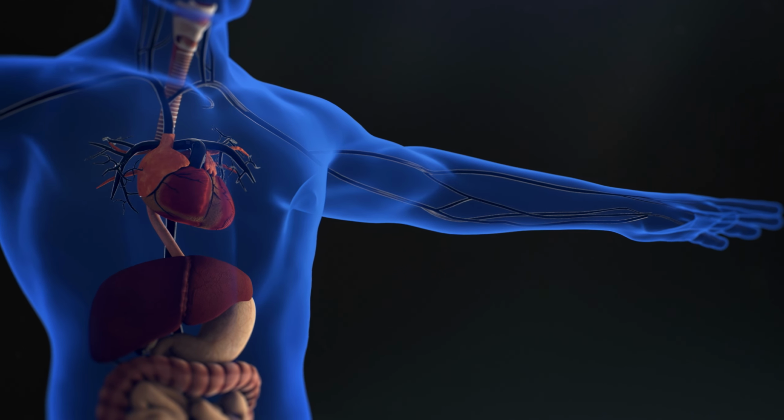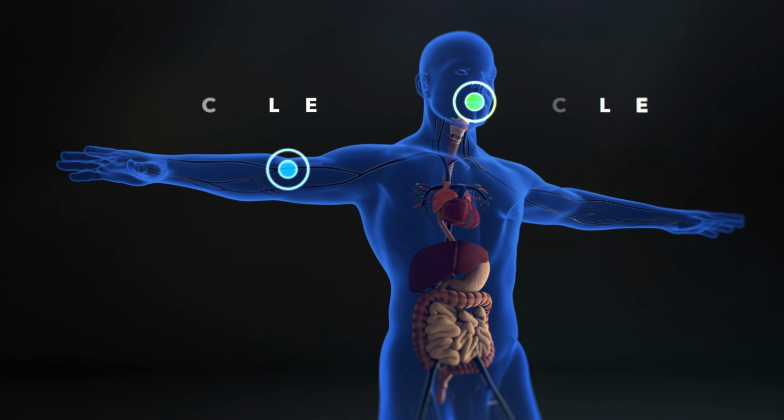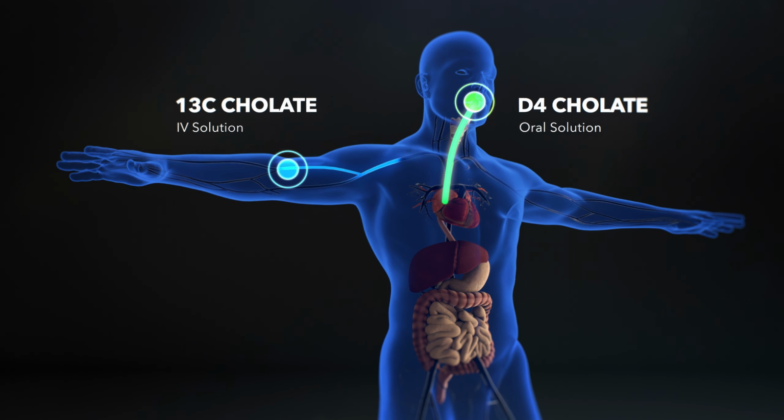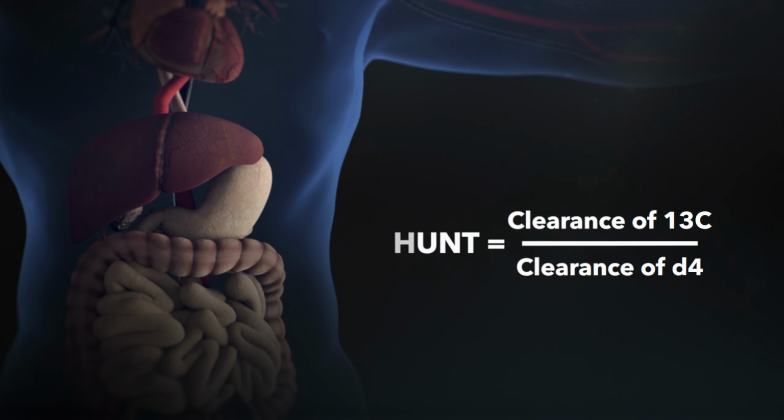To quantify shunt, it's necessary to compare the apparent clearances of both cholates. The HepQuant SHUNT test achieves this by administering a known dose of 13C cholate via a peripheral vein and a known dose of D4 oral cholate. The clearance of the 13C IV cholate divided by the clearance of the D4 oral cholate quantifies the degree of portal systemic shunting.